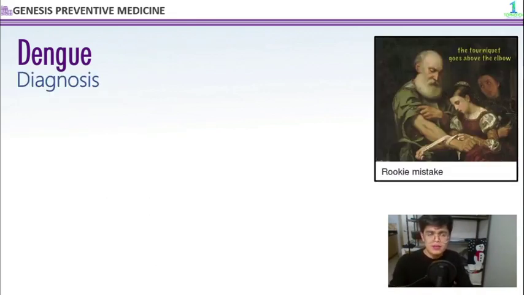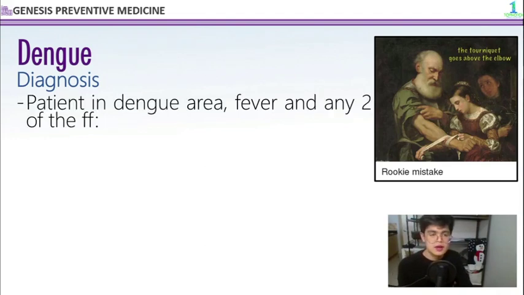So we go right ahead to diagnosing dengue. The diagnosis clinically involves any patient living in a dengue endemic area, which is another way of saying the entire Philippines. So that's one criteria.